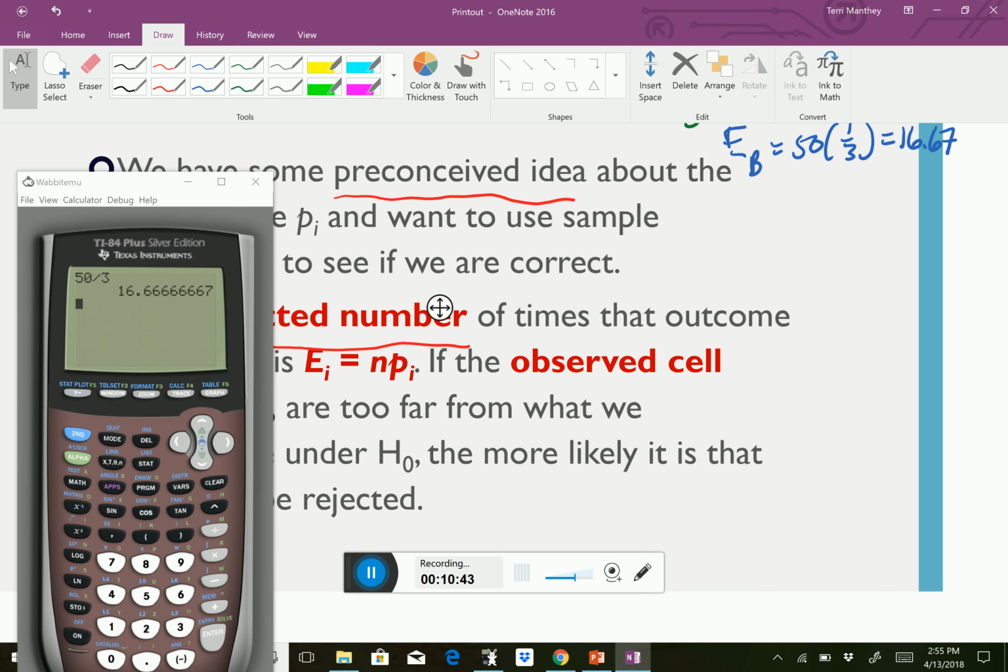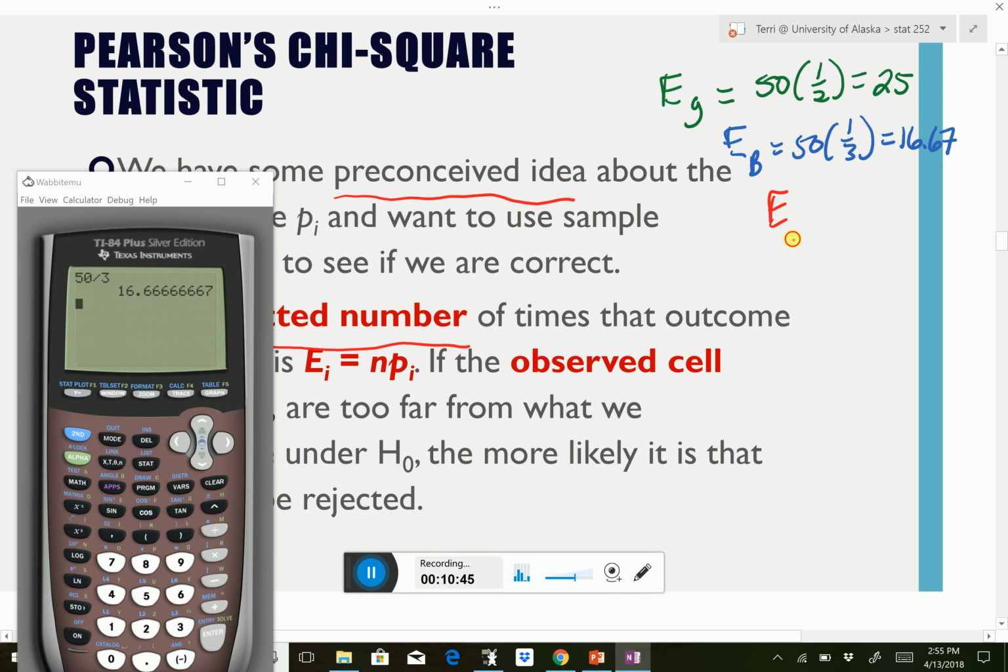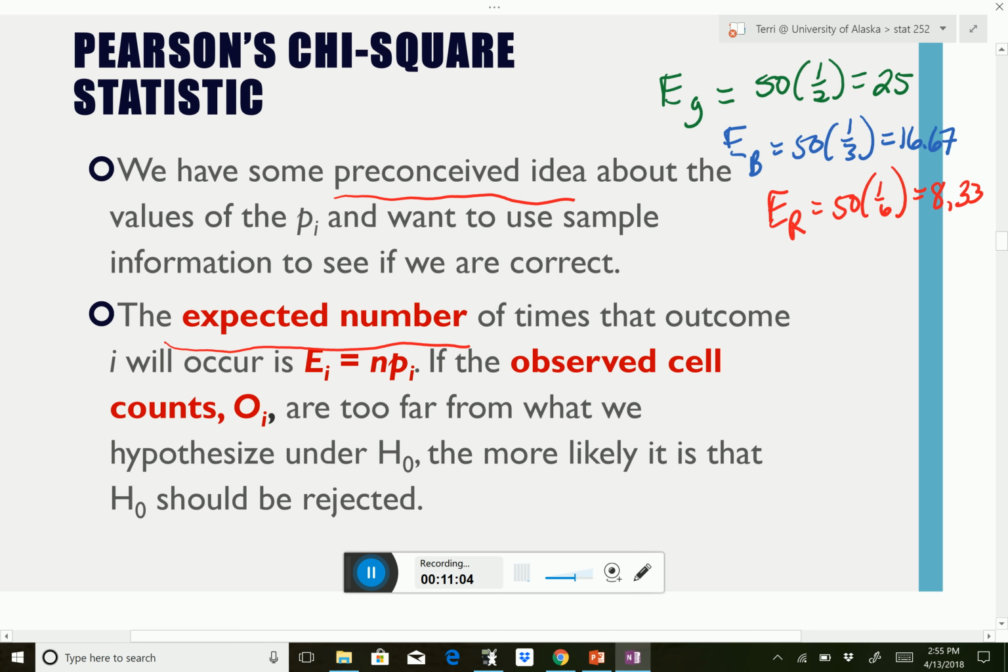So E of the red is 50 times 1/6, which, let's see, 50 divided by 6 is 8.33. So these are our expected amounts. So we have our expected values right here.